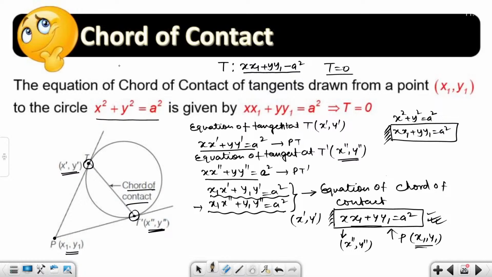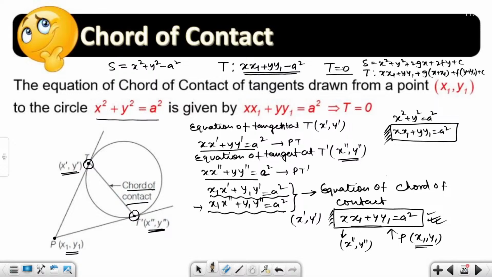If your S is x square plus y square minus a square, then your T will be written as x(x1) plus y(y1) minus a square, right? But if your S is x square plus y square plus 2gx plus 2fy plus c, in that case I will write my T as x(x1) plus y(y1) plus g times (x plus x1) plus f times (y plus y1) plus c.